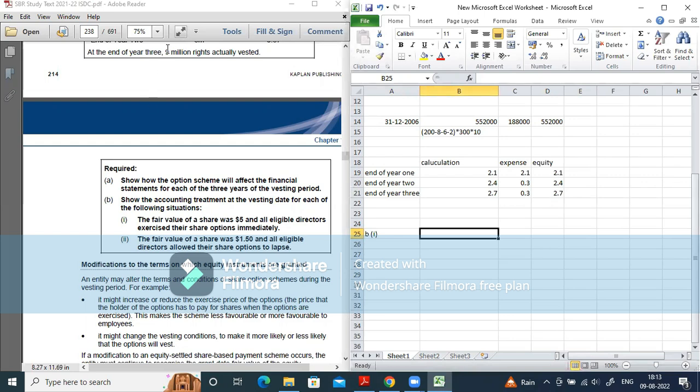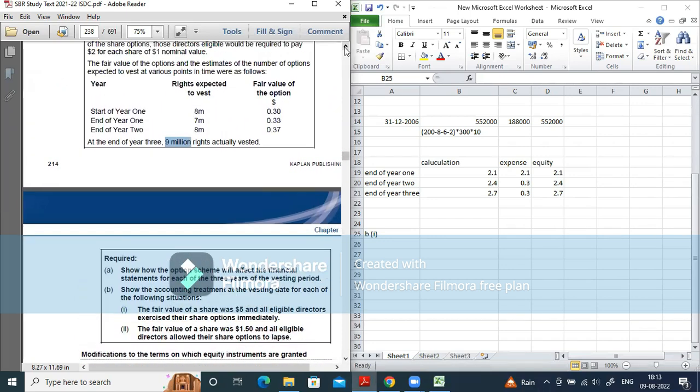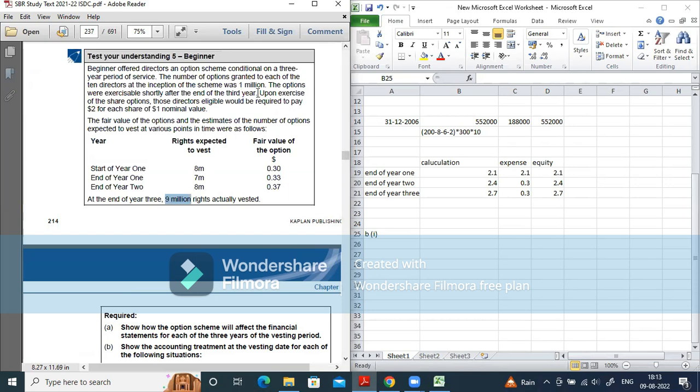So at the end of the year 3, how many share options are vested? 9 million. And if all these 9 million share options were exercised, how much should the directors pay? Upon exercise of the share option, those directors eligible would be required to pay $2 for each share of $1 nominal value.